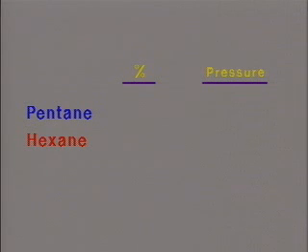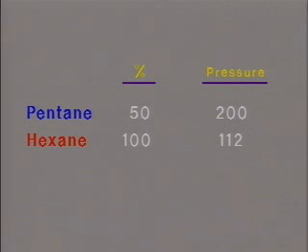Consider a mixture at room temperature that is 50 mole percent pentane and 50 mole percent hexane. If the sample were pure pentane, the pressure of pentane above the liquid would be about 400 torr. Because it is only 50 mole percent pentane, the partial pressure exerted by the pentane is only 1/2 of 400 torr, or 200 torr.